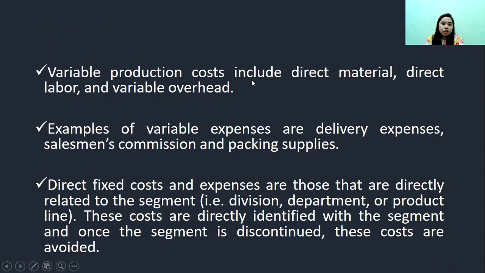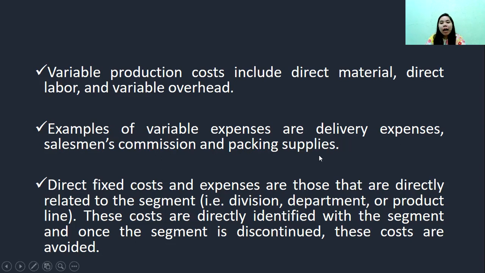So variable production costs include direct material, direct labor, and variable overhead. Those costs that change in relation to your level of production and sales. So examples of your variable expenses are delivery expenses, salesman's commission, and packing supplies.